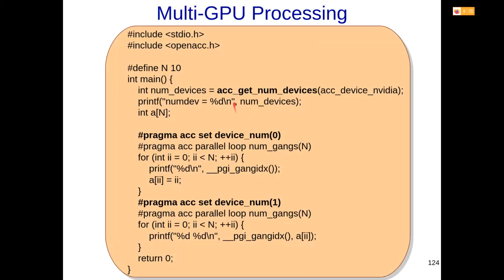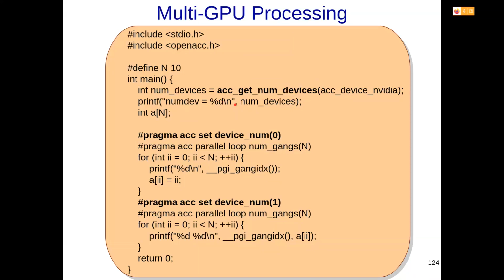We have certain APIs in openacc.h, and acc_get_num_devices gives you the number of devices available, but for that we have to specify what type of devices you have. That type is specified as a parameter. You can have acc_device_nvidia, and there might be acc_device_amd, and so on. Since I'm dealing with NVIDIA GPUs, I get that number and I print it.